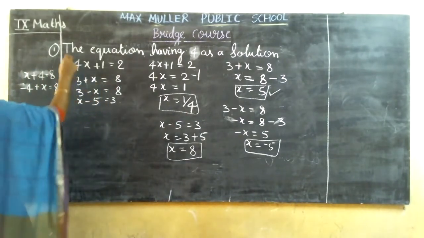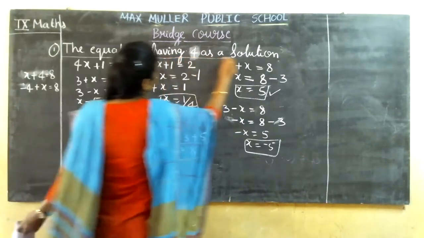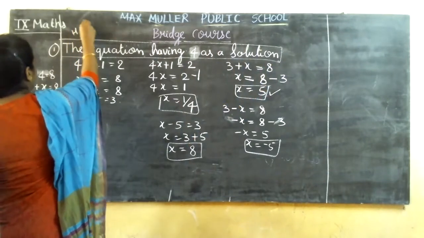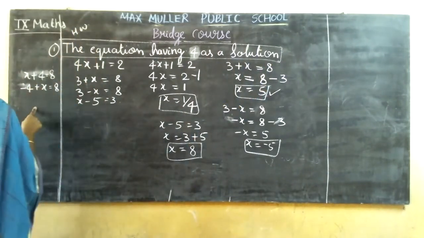The homework question is here: the equation having 4 as a solution. Okay, this is the homework question. Write down. So the equations are here.